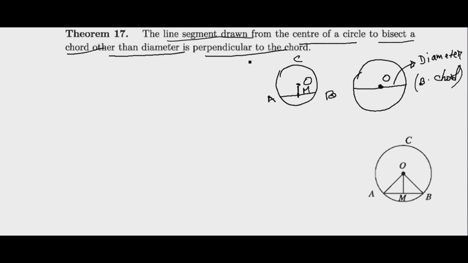If we join OM, then we should prove that OM perpendicular AB. It means angle AMO will be equal to angle BMO and both of these angles will be 90 degree.